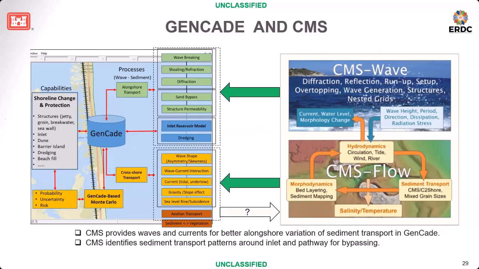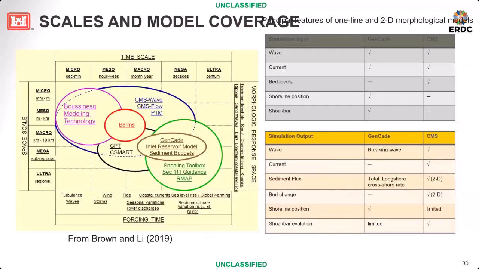So we can use those models to help get a better input condition of GenCade, such as wave and current. We know currently it's the state of the art of morphology models, but none of the multi-dimension morphological models which simulate nearshore morphology changes can provide reliable shoreline changes, particularly long-term regional large-scale shoreline change.